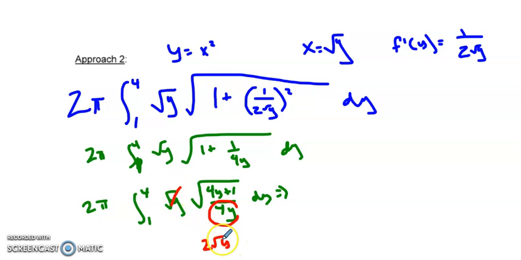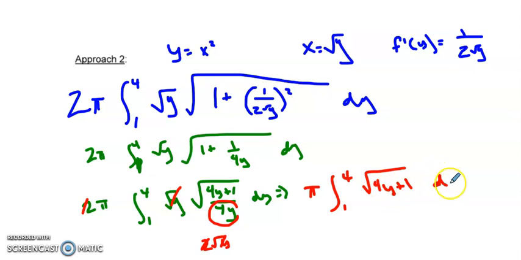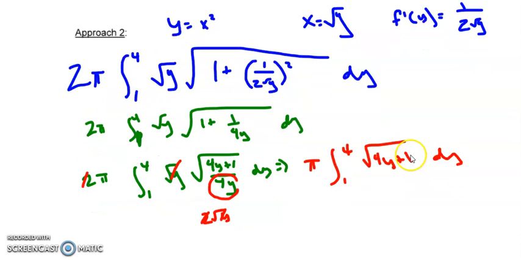Okay, then my rad y's will cancel and my 2's cancel. So I'm going to be left with pi times the integral of 1 to 4 square root of 4y plus 1 dy.